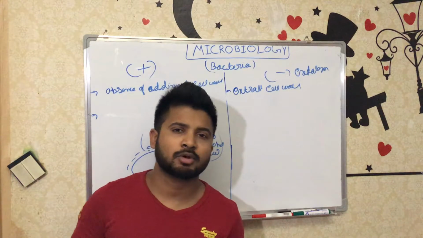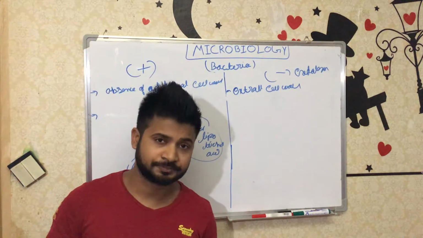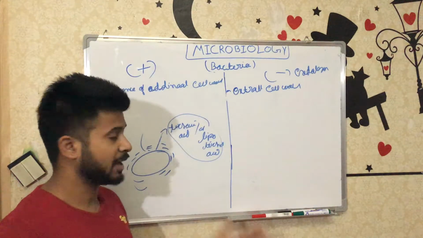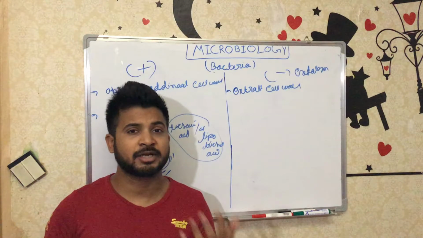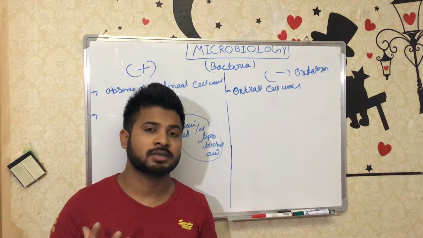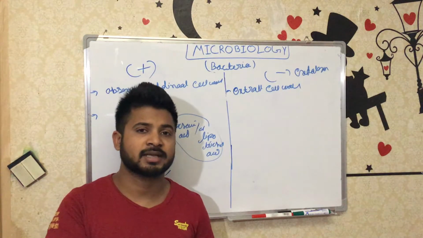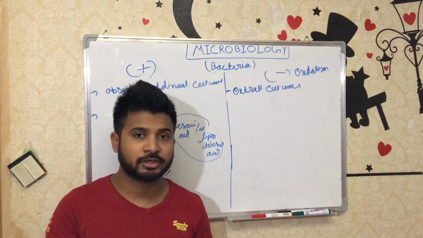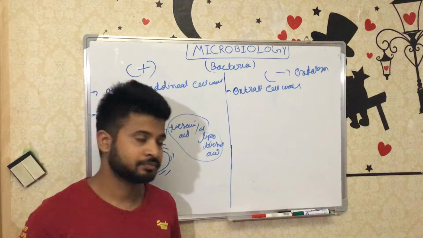But some authors say it also helps during replication, during binary fission, and sometimes during bacteriophage infection, meaning whenever a virus injects its genetic material inside the bacteria, that is called bacteriophage. So on that occasion it may also help.